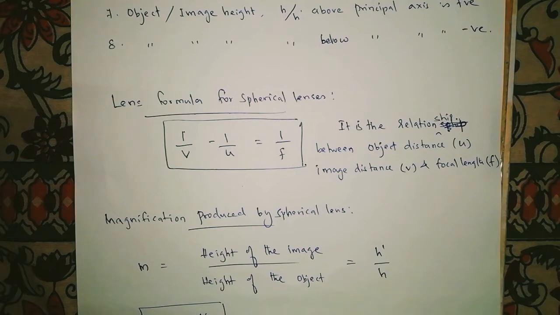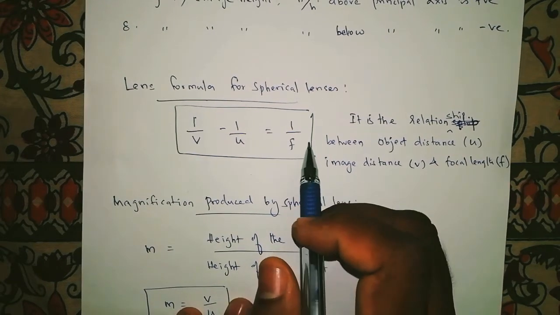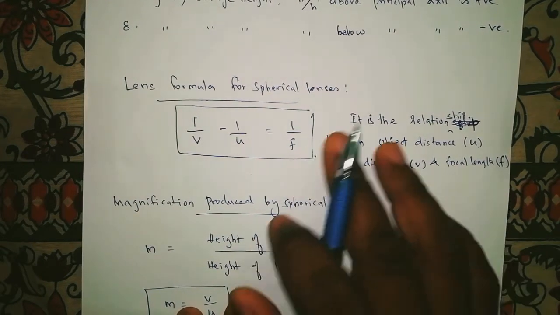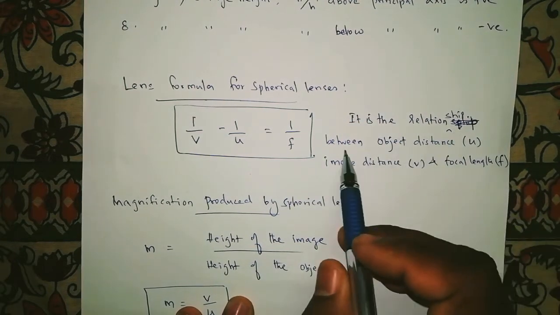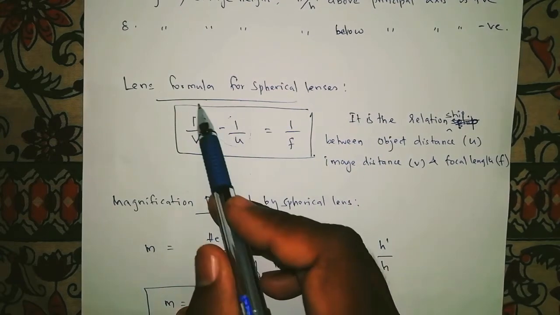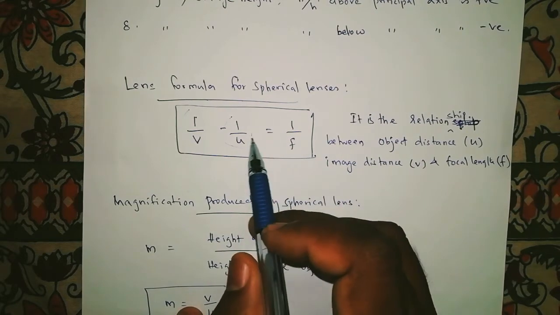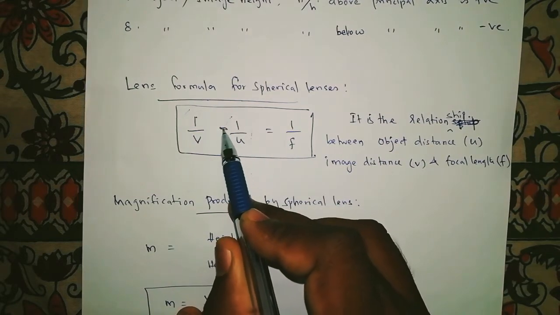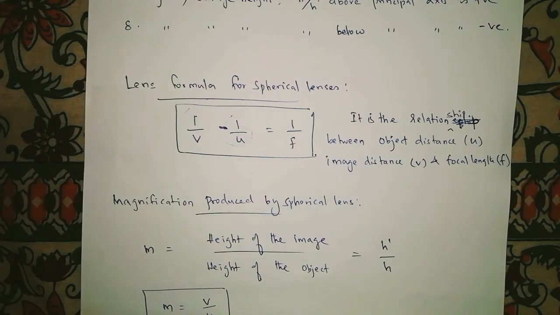Lens formula also, there is no big difference. It's going to be the same. You should know the lens formula of spherical lenses. It is the relationship between the object distance, the image distance and the focal length. The only difference is that a negative sign comes between the image and the object distance.